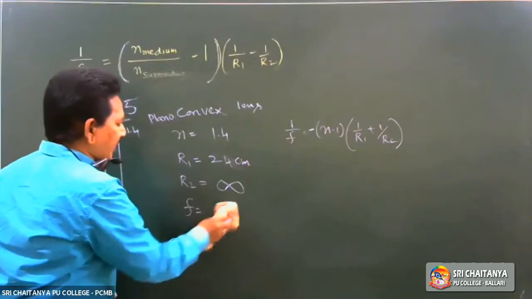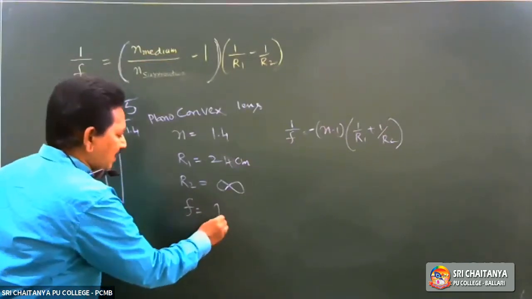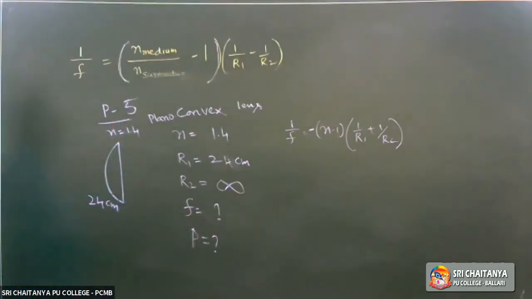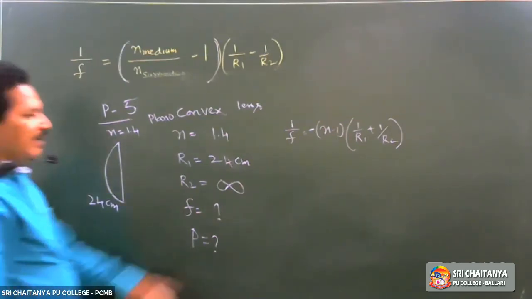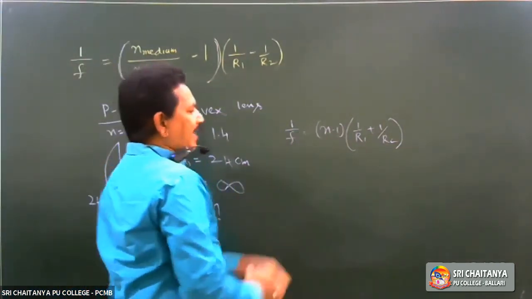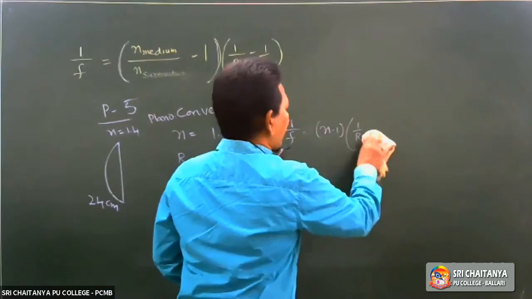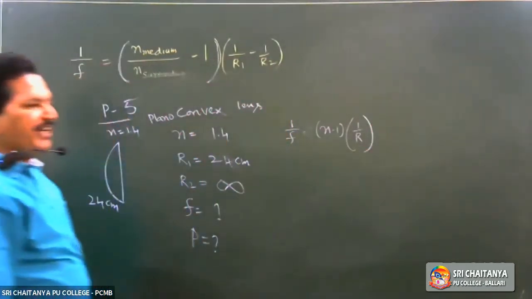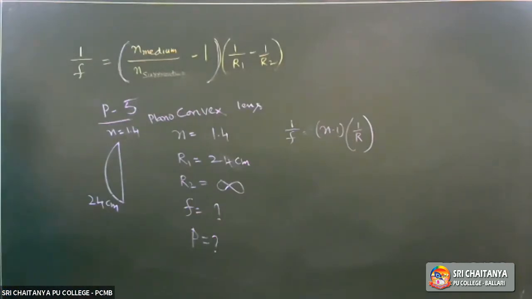You are asked to find out the focal length and also the power of the lens. Then write down the formula. 1 by F is equal to plus (n minus 1) into 1 by R. Direct formula, because R2 value is infinity. 1 by R2, 1 by infinity, is 0.